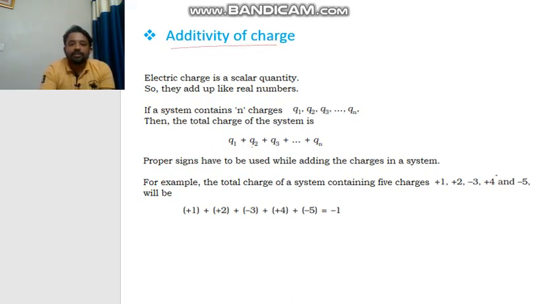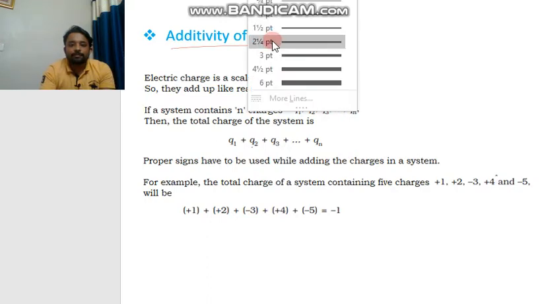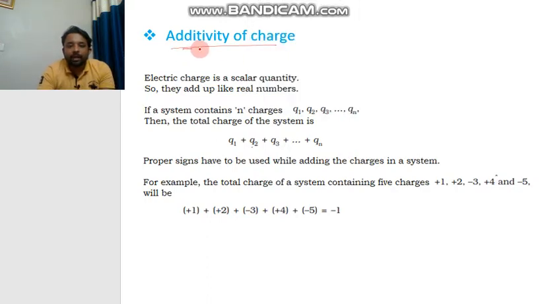Now additivity of charges implies that charges can be added up like real numbers, because electric charge is a scalar quantity, so they can be added like scalars. For example, suppose we have a system which contains n charges, q1, q2, q3 up to qn.